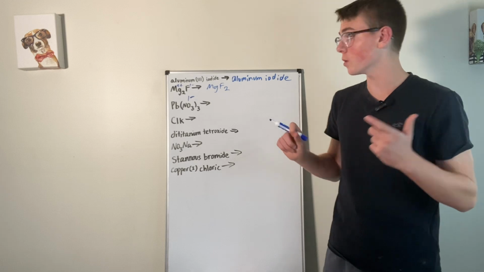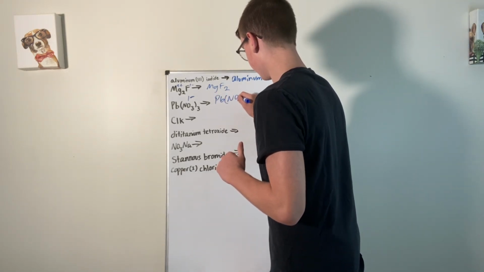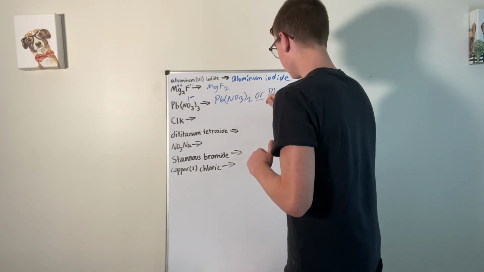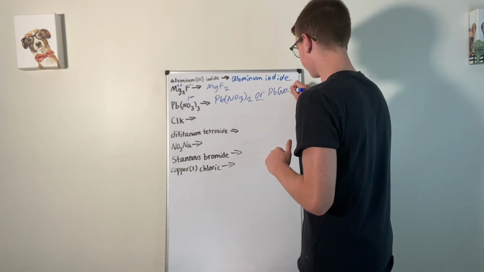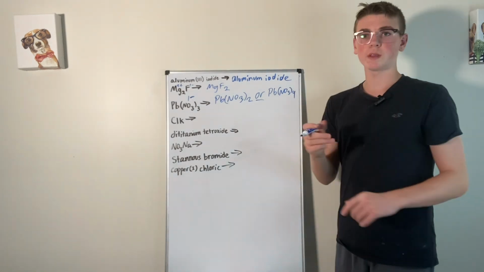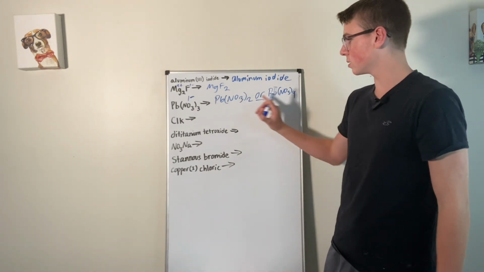It can either be 2 or 4. So this means it either has to be Pb(NO3)2 or Pb(NO3)4. And yes, you can just have two answers like this for these. Just fix it to one of these.